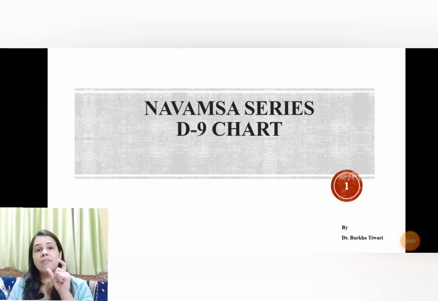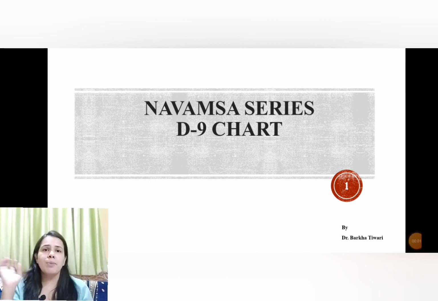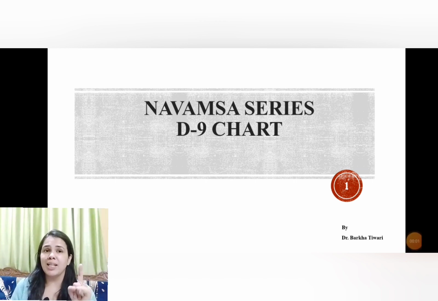Every planet that is placed in your D1 chart goes to your Navamsa D9 chart. That particular amsha will tell the bhagya, the luck, of that particular planet placed in the D1 chart, which goes to some Navamsa in the D9 chart.